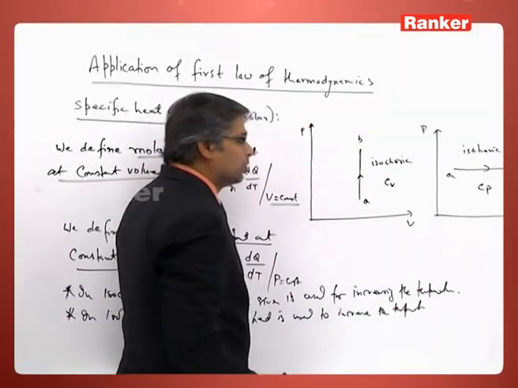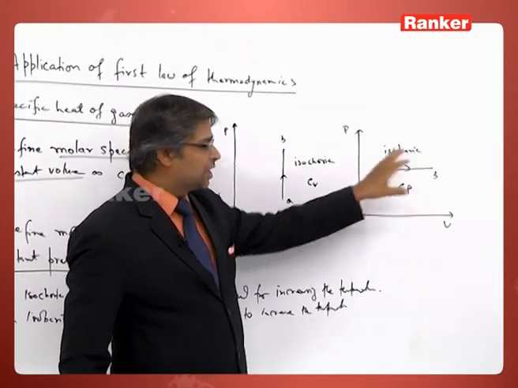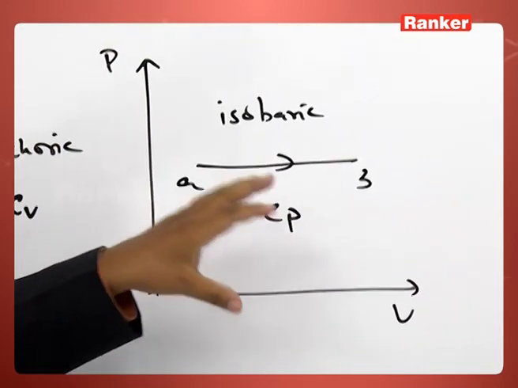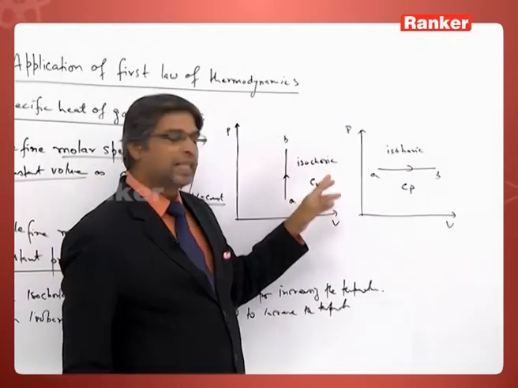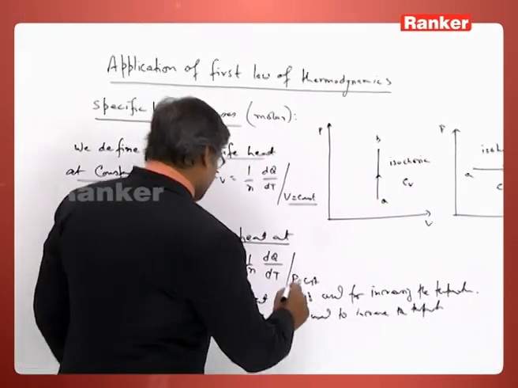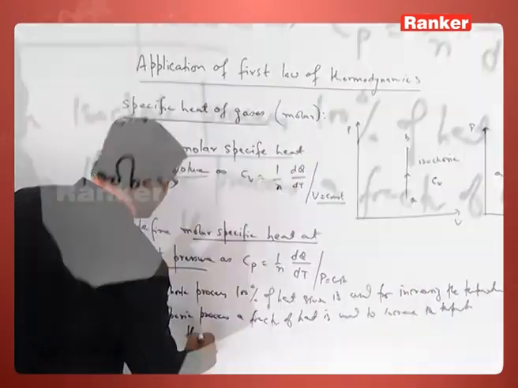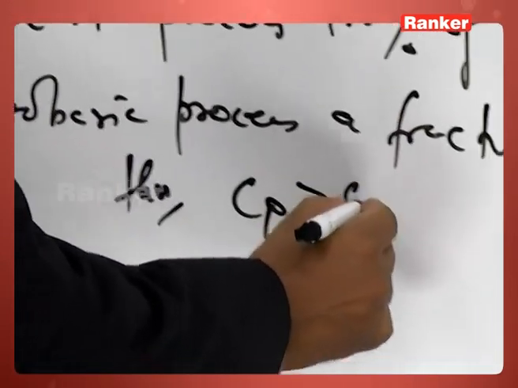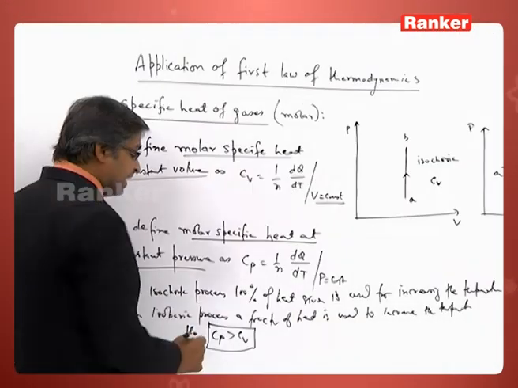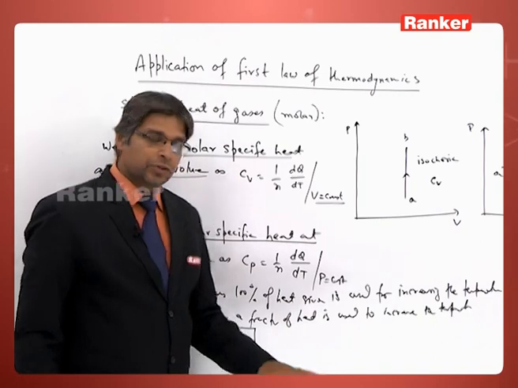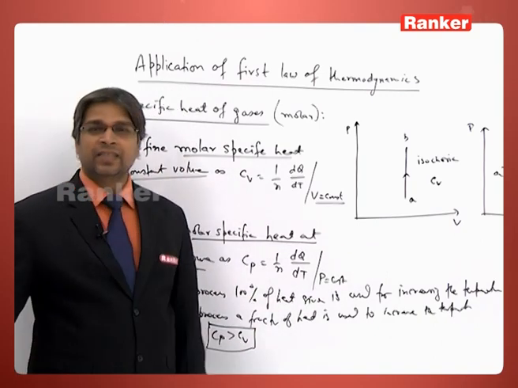So to increase the temperature in this process, you require more energy. That means Cp is more than Cv. Thus we can say Cp is greater than Cv. How much greater? We will see later on.